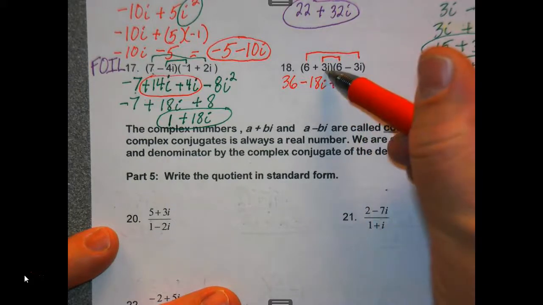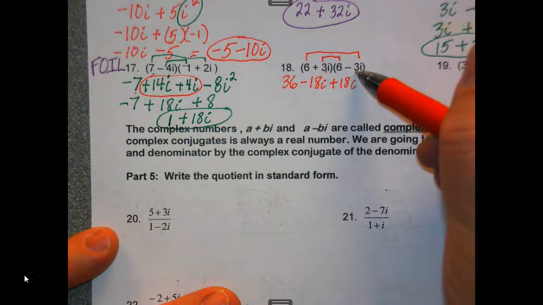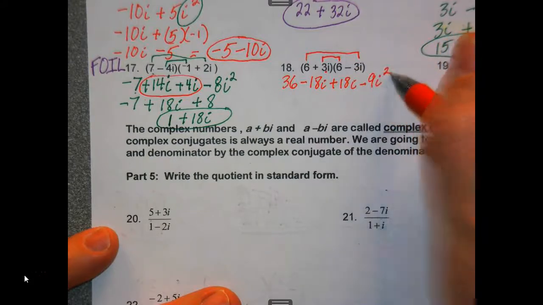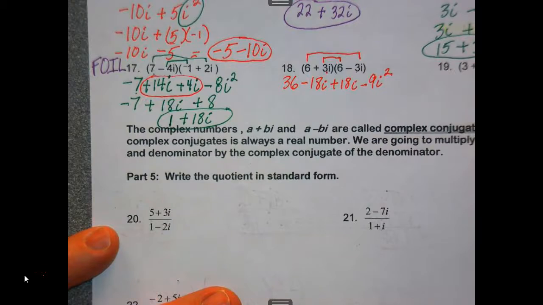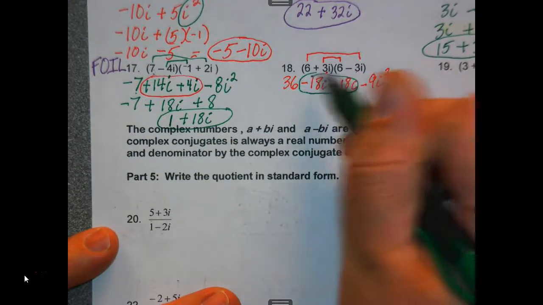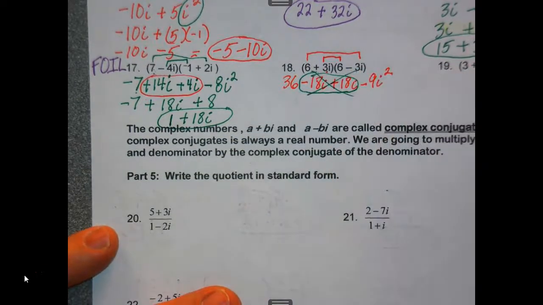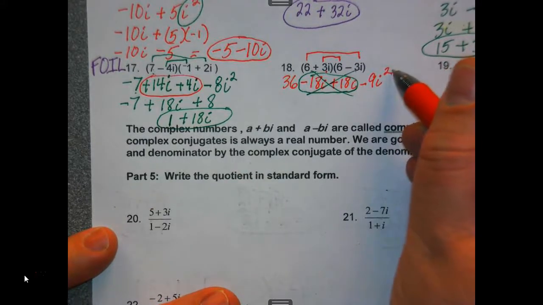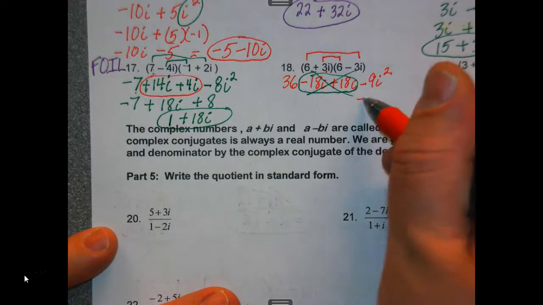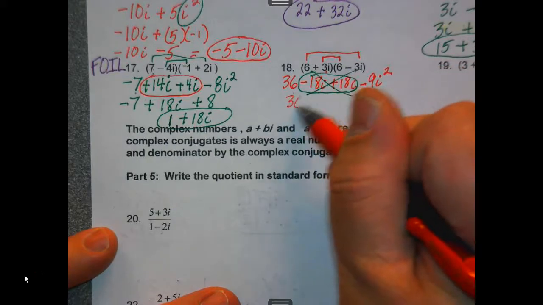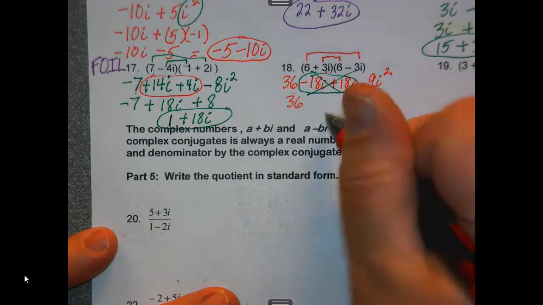And last, 3i times negative 3i. Okay, look what happens to our middle terms here. Okay, what does this negative 9i squared end up being? Positive 9. And I have my 36, 45.